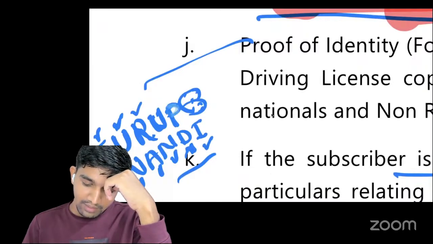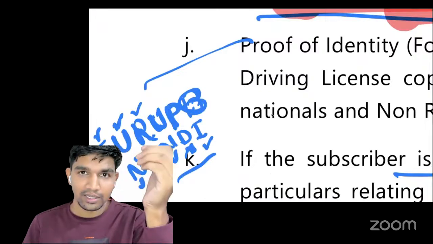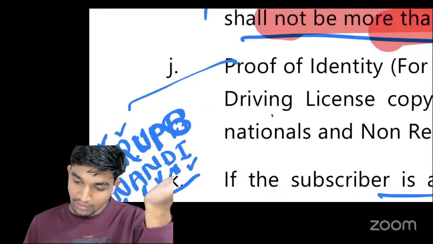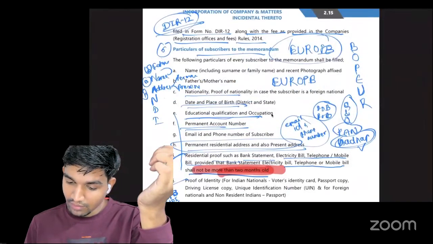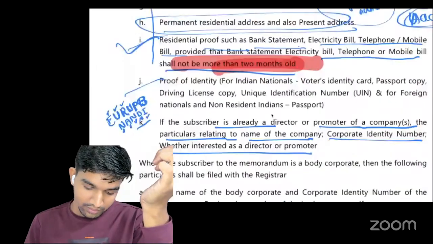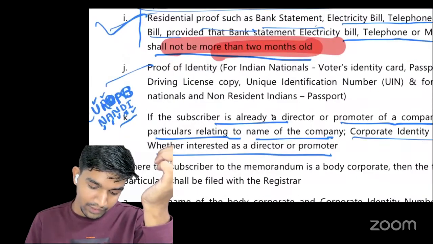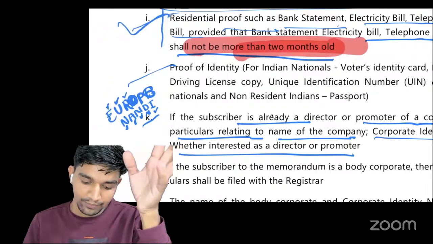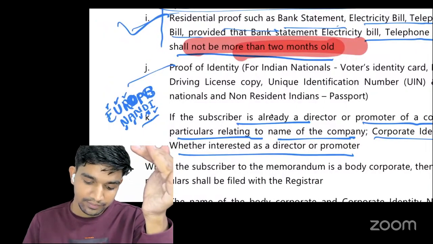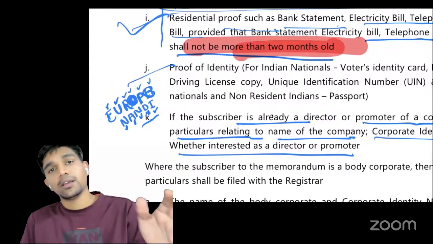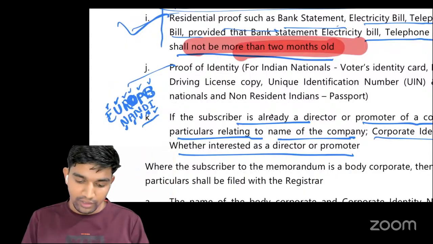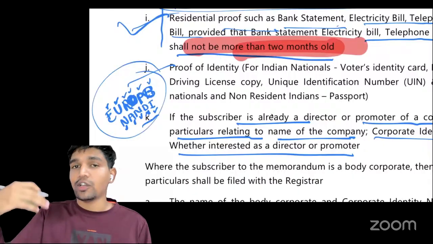Then P for PAN number, and P for date of birth and place of birth. Now let me see, G has been doubled. Actually, this is O. Then Europe. So O is for occupation, educational qualification, occupation. So now you need to add these for the particulars of the subscriber.